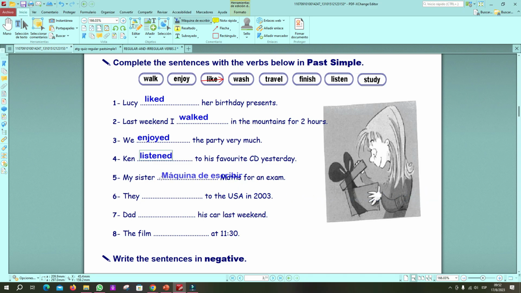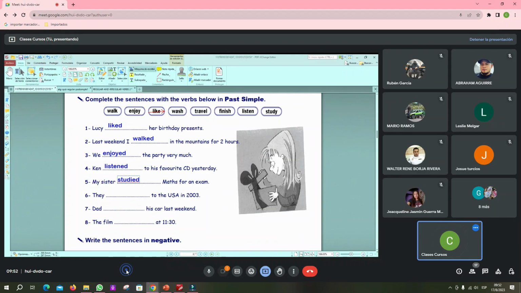Nice. Perfect. Number 5. My sister math for an exam. Studied. Yes, studied. In this case, studied math for an exam. Good.